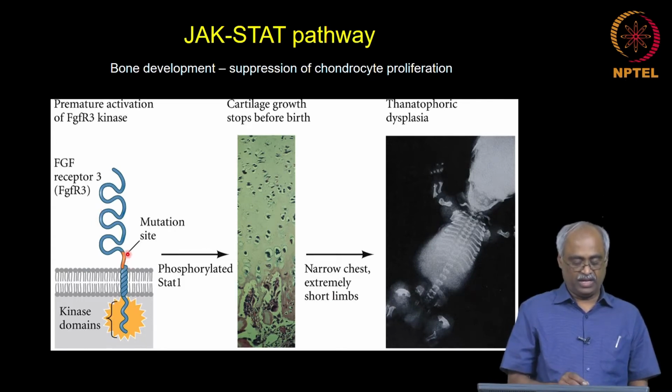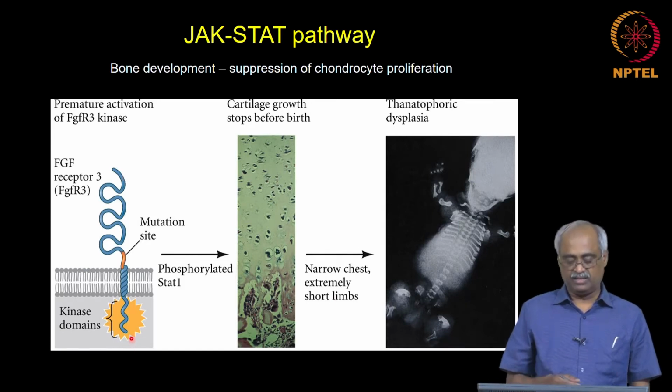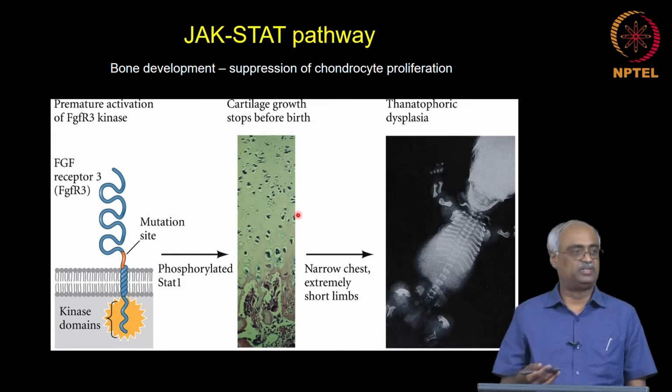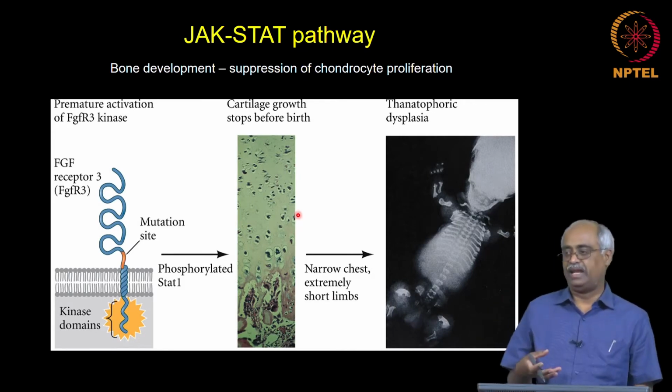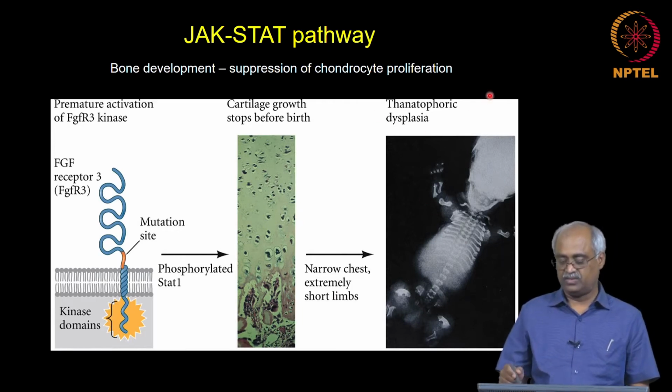So, when you have a mutation like this the kinase domain remains constitutively active even when the signaling is not there. So, the receptor is constitutively active, and as a result these chondrocytes prematurely differentiate without making enough of the starting material. Due to that, the bones become short and you get what is called thanatophoric dysplasia condition.